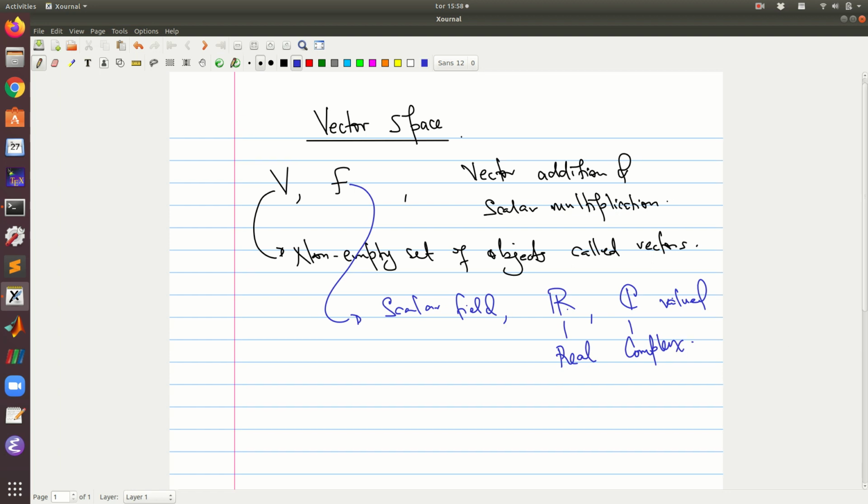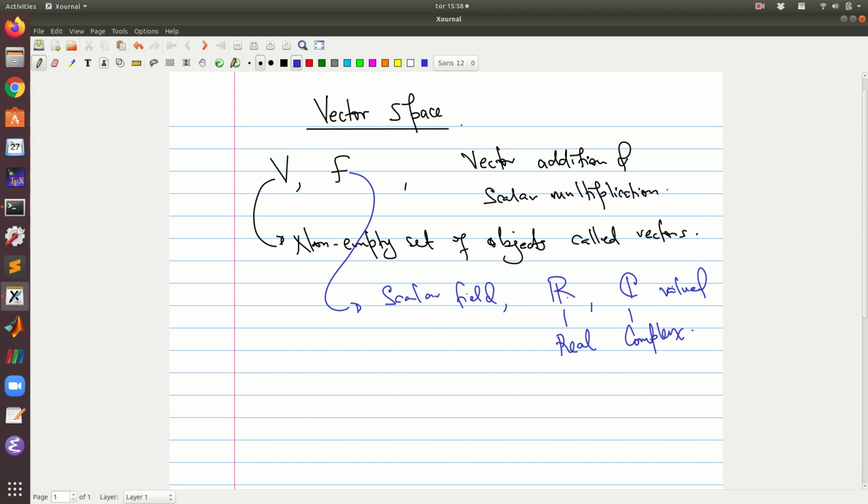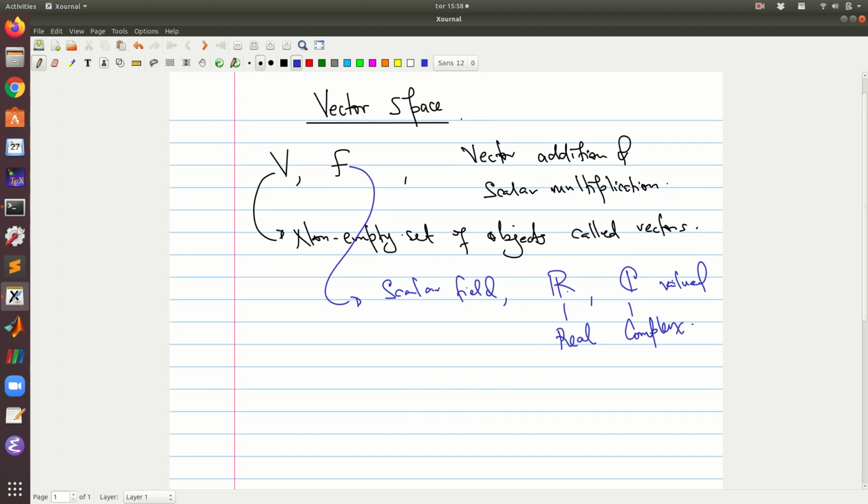So a vector space is going to give us the relationship between a set of vectors and the scalar field F, together with two operations, that is vector addition and scalar multiplication.